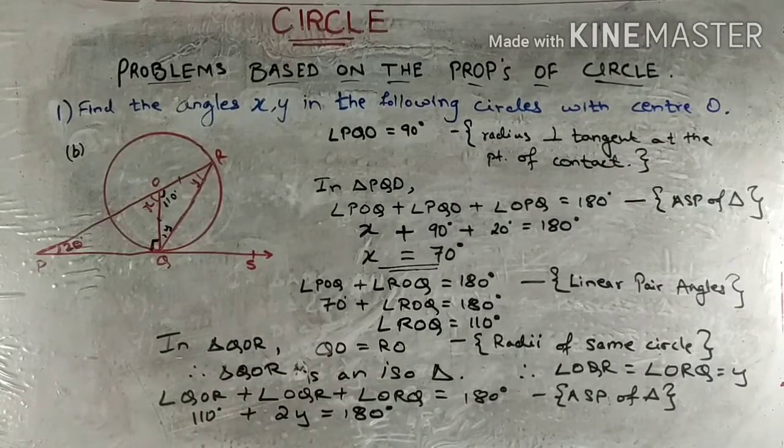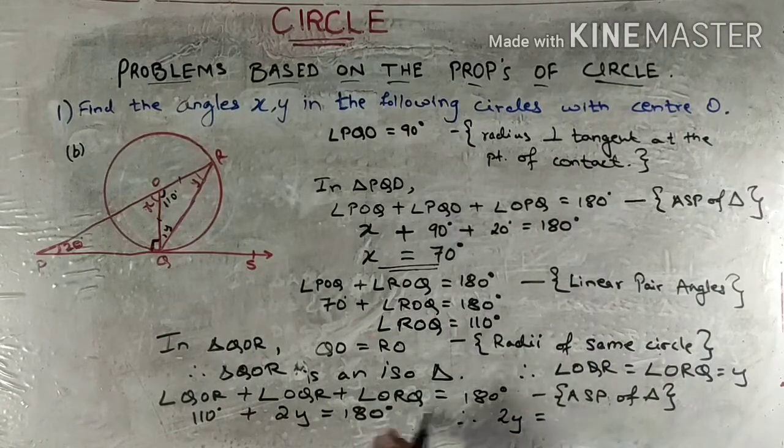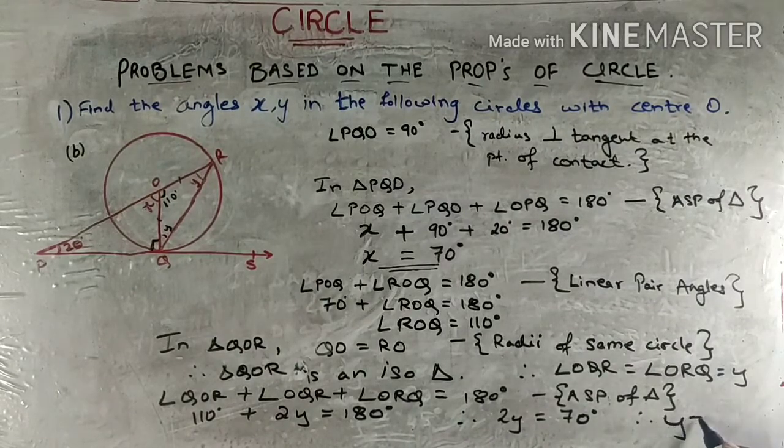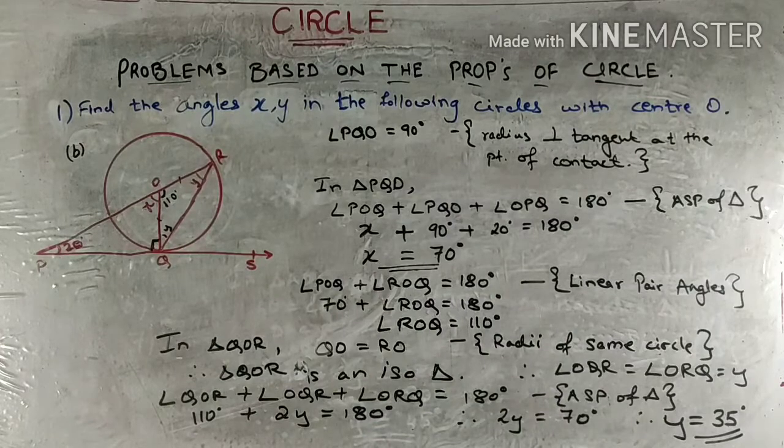Subtracting 110 from both the sides, I get 2Y is equal to 70 degrees, 180 minus 110. Therefore Y is equal to 35 degrees. So we got both the angles: X is equal to 70 degrees, Y is equal to 35 degrees.